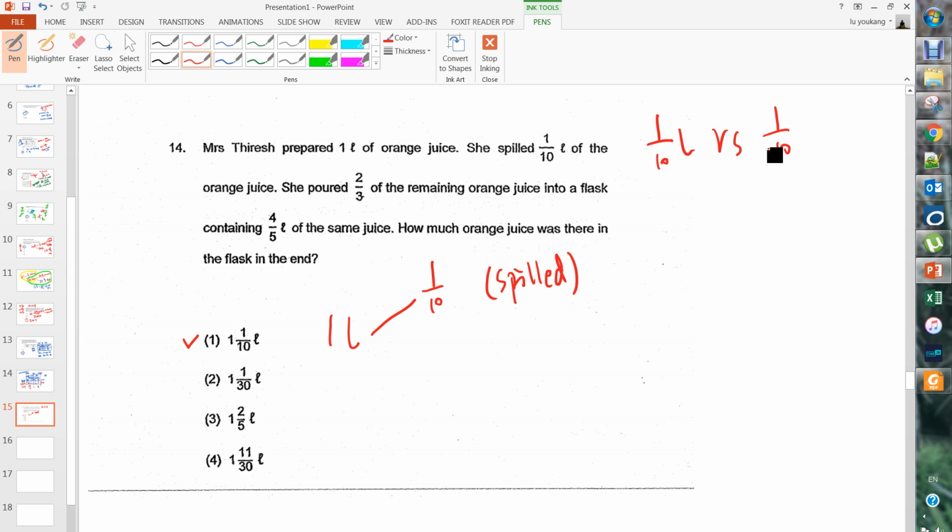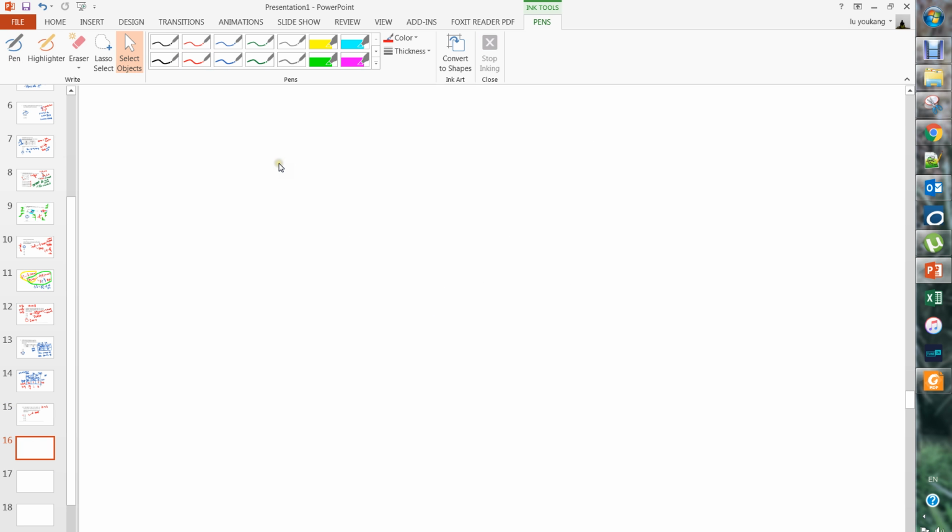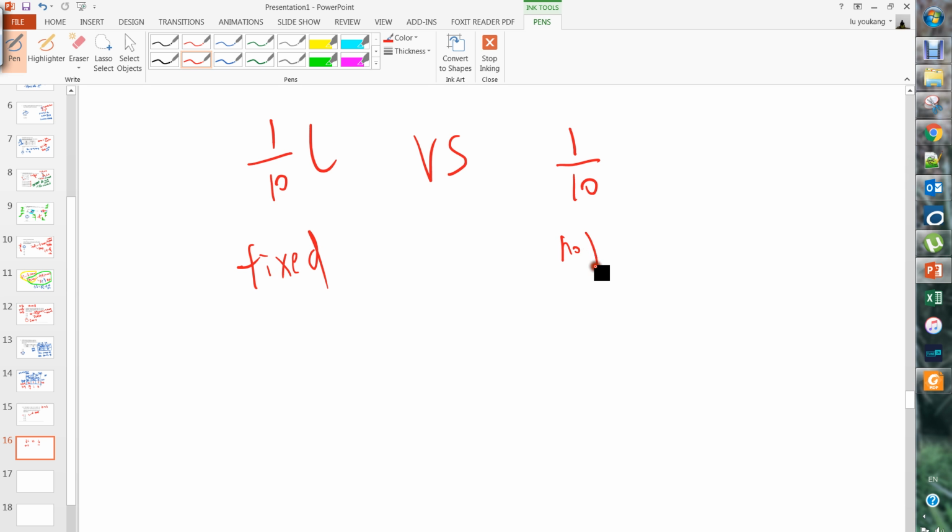This one has the liter, this one has no liter. That is not the only difference. There is more than one difference here. The difference between these two, right? This one is fixed. This one's not fixed. Let me explain to you why.